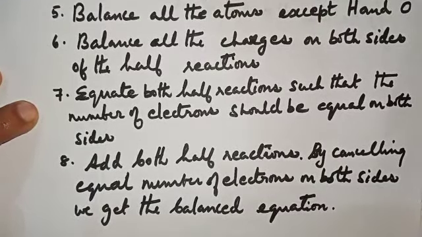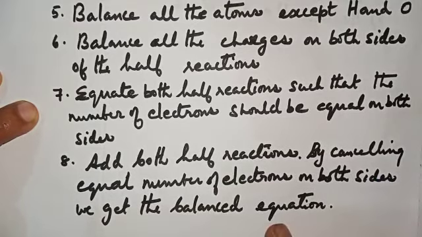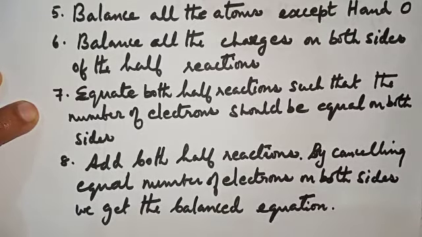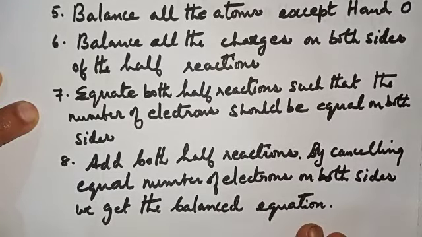After adding, you cancel the equal number of electrons on both sides, and we get a balanced redox reaction equation. Likewise, these 8 rules are applied for balancing a redox reaction by the ion electron method. Now let us take an example of a particular redox reaction and try to balance it using these rules.